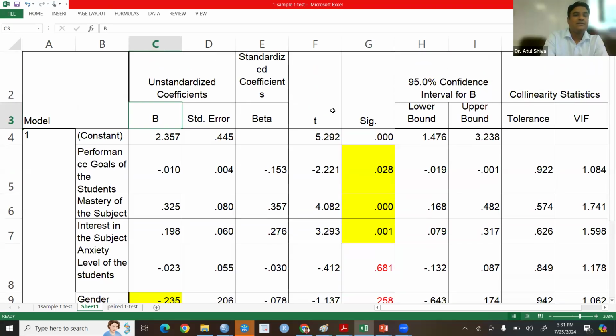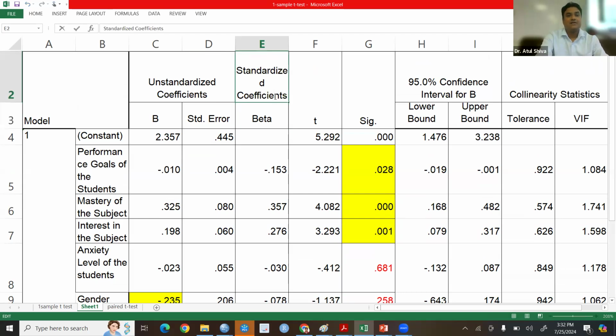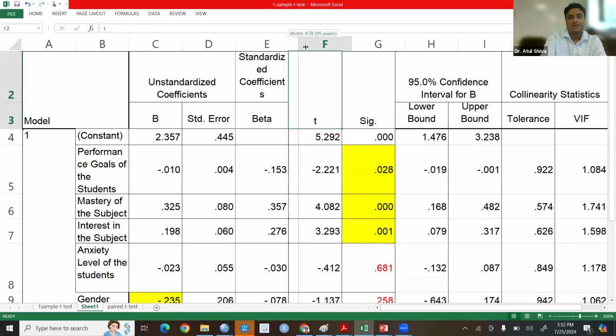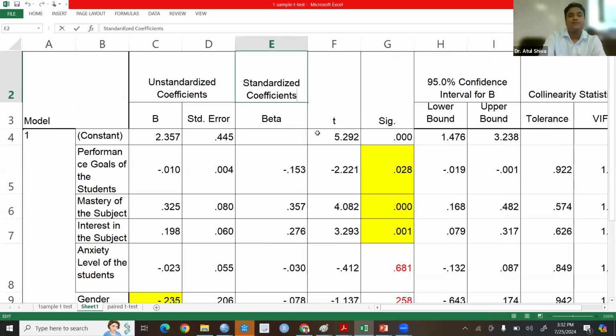This is unstandardized beta, this is standardized beta. We do ranking with standardized beta. Remember always that standardized beta is applied to rank the variables. There are two types of beta. This is applied for ranking.